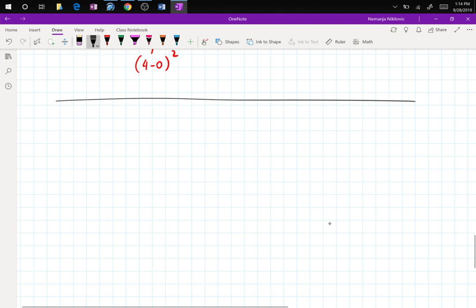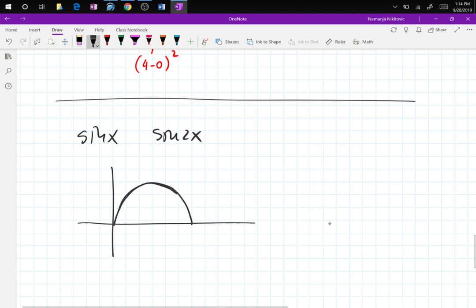I think I gave you guys sine x and sine 2x as a homework example, where you were supposed to draw sine x and then sine 2x. You can see that you have the red one and the blue one.